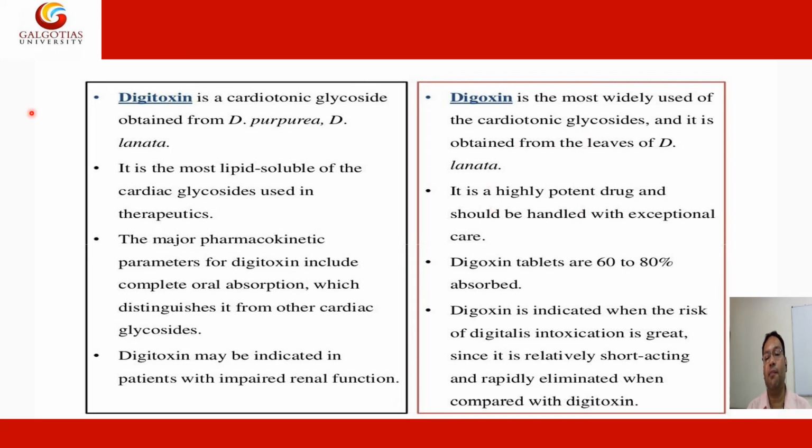It is a highly potent drug and should be handled with exceptional care. Digoxin tablets are 60 to 80% absorbed. Digoxin is indicated when the risk of digitalis intoxication is great, since it is relatively short acting and rapidly eliminated when compared with digitoxin.